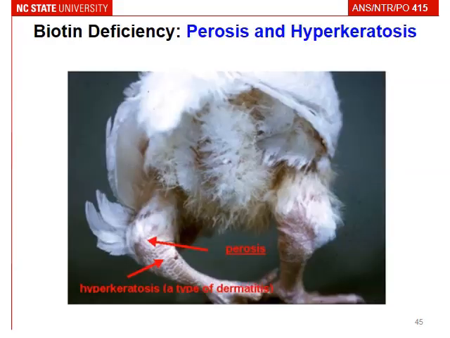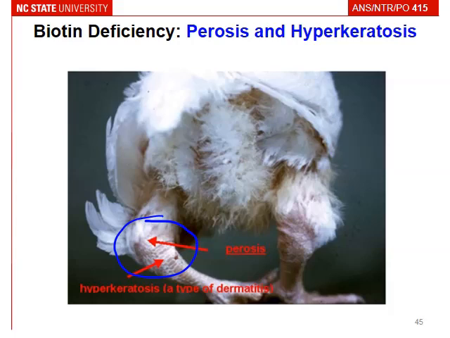And here you can see a chicken that has a slipped tendon, or perosis, and you can see over here the Achilles tendon has slipped on the hock. So this animal's unable to walk right.